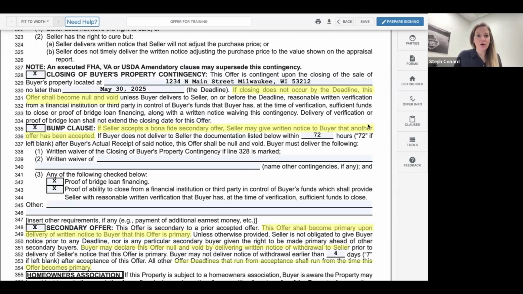No. So that's kind of what I was saying before with that example of the property where they just wanted to gather estimates and make sure that they were coming under budget. So a bump clause can be put in place. It's just really rare.